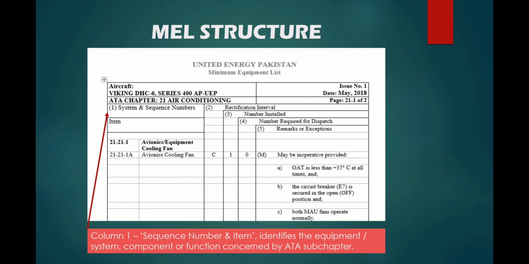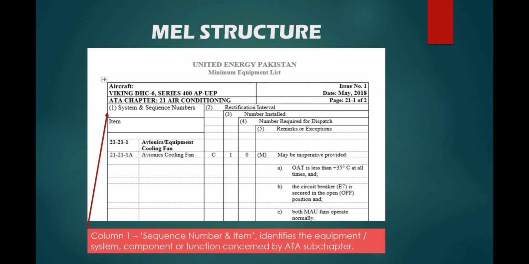Column number 1 is system and sequence numbers. Every system has its own items and sub items which are sequenced by numbering. If you can see in this picture, avionics equipment cooling fan is in chapter number 21 and sequence number 1.